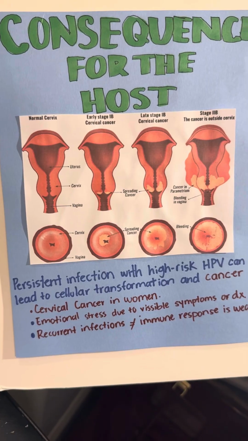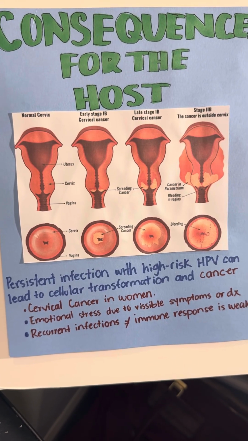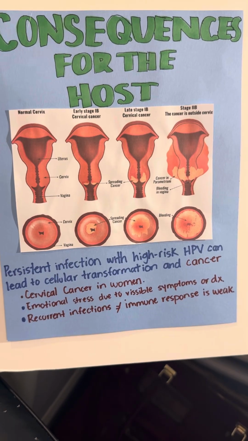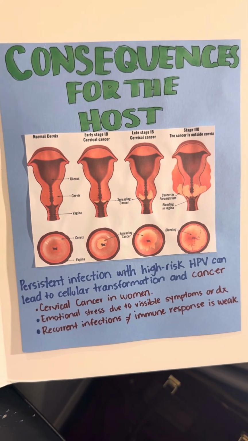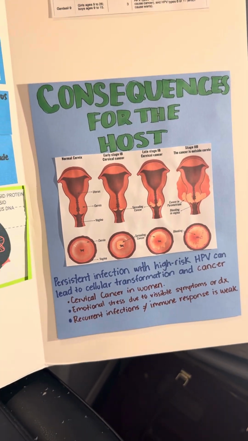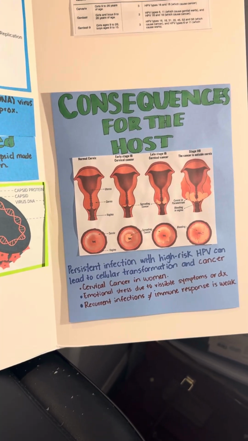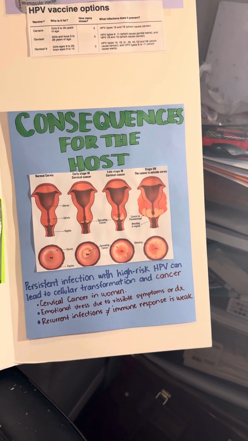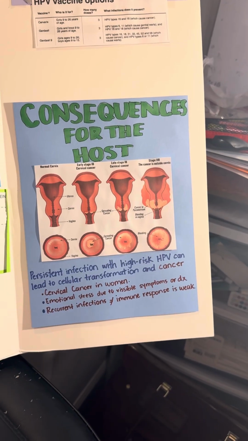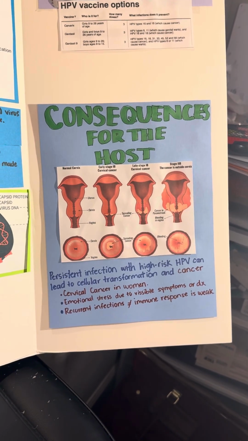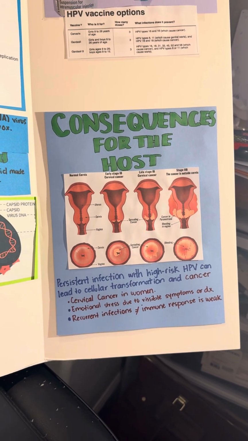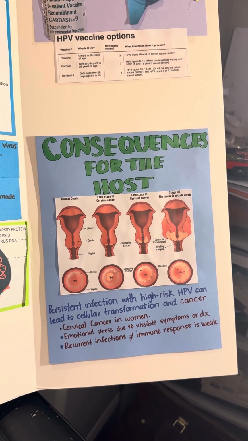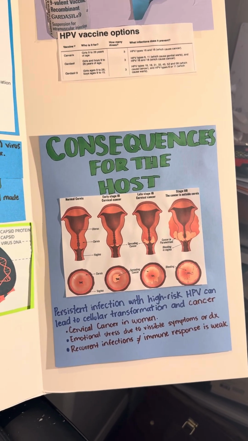It is important to note that persistent infection with high risk HPV can lead to cellular transformation and cancer. One of the most common is cervical cancer in women. There is also emotional stress, of course, from the disease and the symptoms, followed by the diagnosis and recurrent infections. That means that you have an immune response.